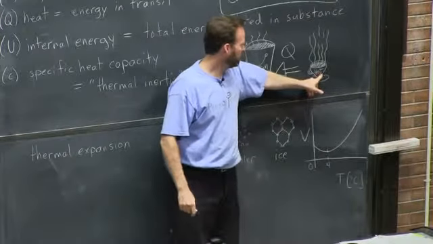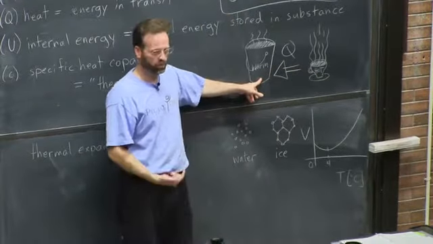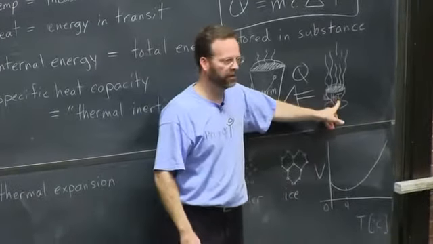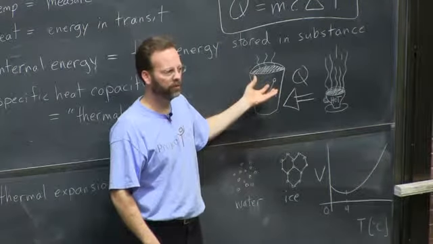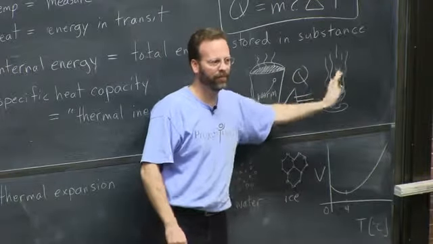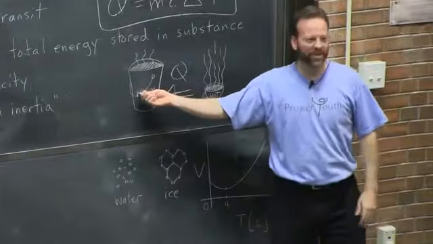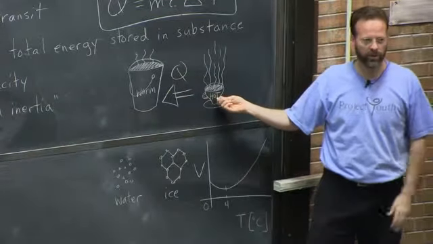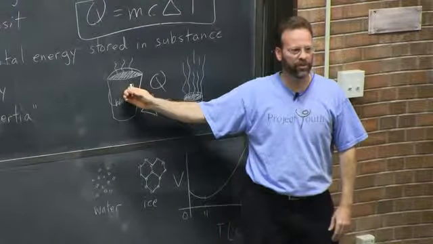What's going to happen to this? This temperature will go down. Its temperature will go up because this will transfer heat energy to it. It'll absorb it, warm up. And they'll meet temperature-wise somewhere between them. If you have a lot more of this than this, as we do here, the temperature will end up closer to this guy's original temperature.